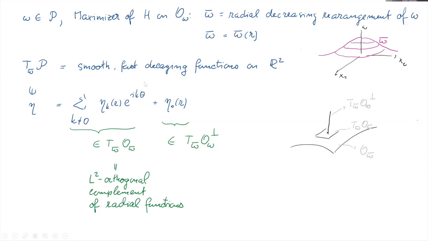If we take this rearrangement, with respect to a suitable coordinate origin it is radial, so we can do the Fourier expansion around this origin, and so the tangent space to the orbit is all functions for which the zero frequency term vanishes, and the radial functions are exactly the perpendicular component to that. So thanks to our setup, we can understand all these things quite explicitly.